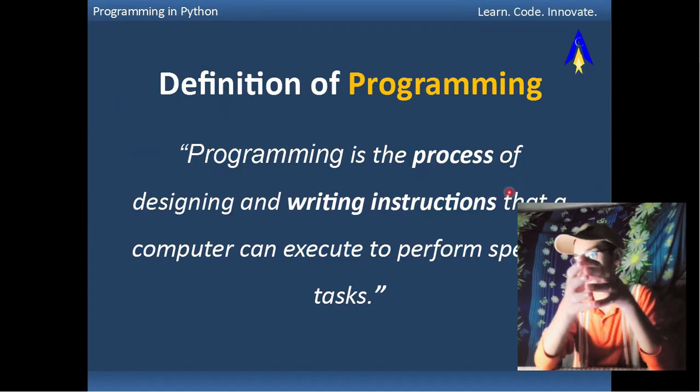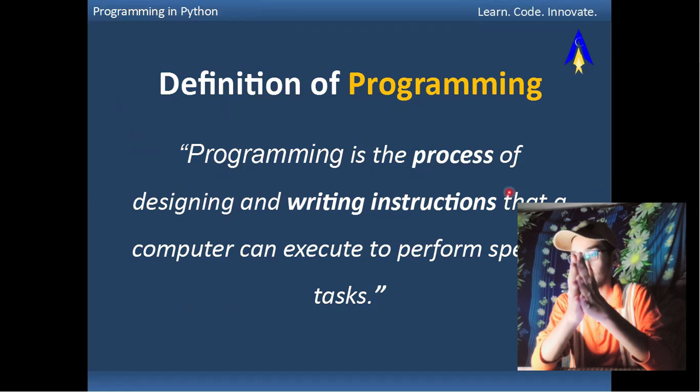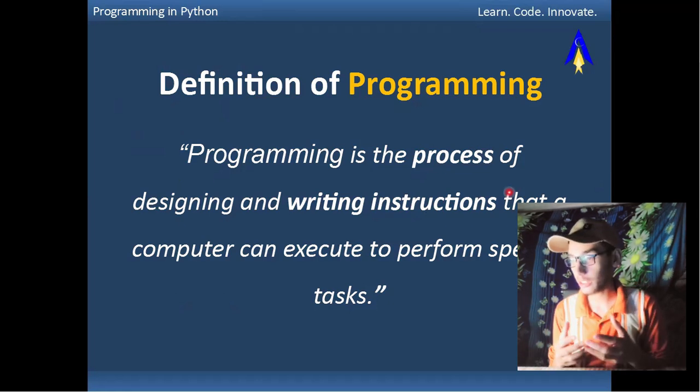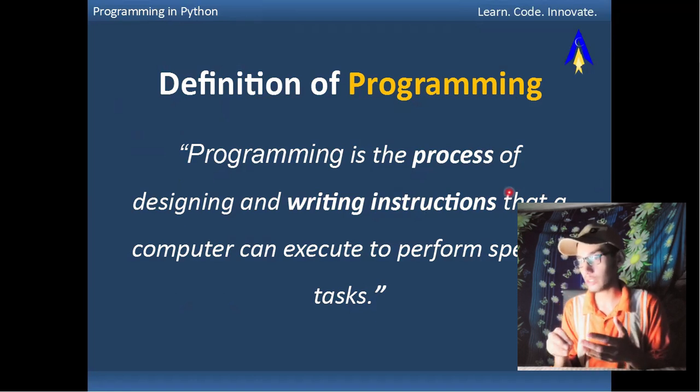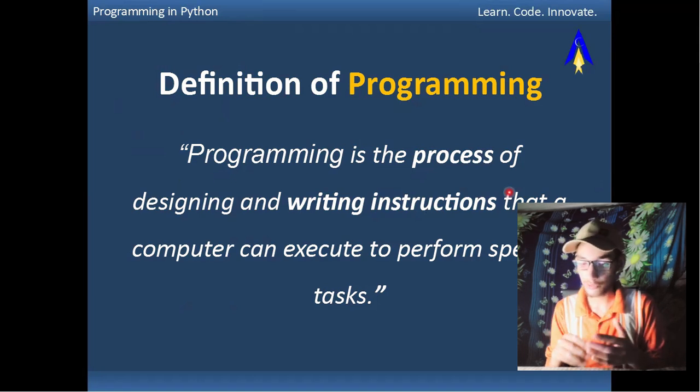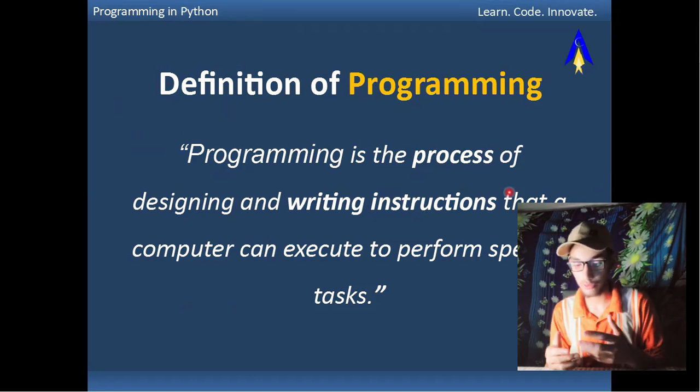We can define programming as the process of designing and writing instructions that a computer can execute to perform specific tasks. It is a structured process where we design every instruction by ourselves and write it obeying some rules. For example, in English, when we have to write a sentence, we have to obey a rule.